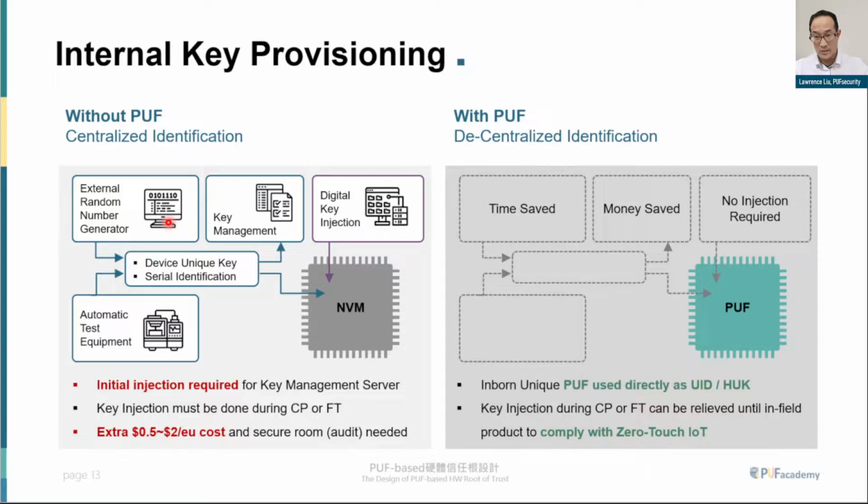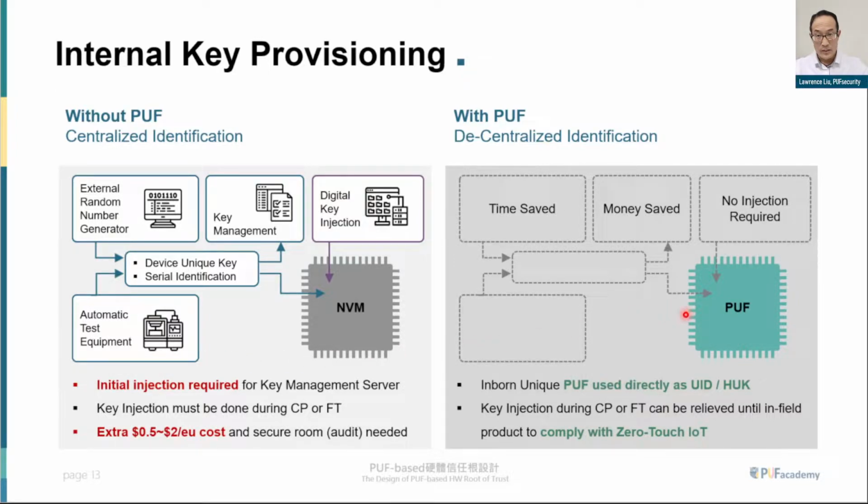As a result, you need extra parts of the environment and extra hardware to create the key and inject it into the NVM, such as an external random number generator, key management system, the actual injection system itself, and also automatic test equipment.